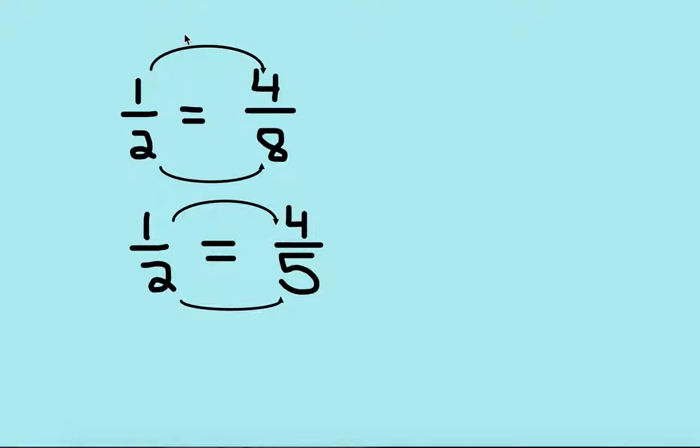On this top one, from 1 to 4, I'm not quite sure, but let's take a look at 2 to 8. So 1 plus 3 is 4, but 2 plus 3 is not 8. So the other option, since it's getting larger, would have to be times 4 up here, which means that 2 times 4 gave me 8.